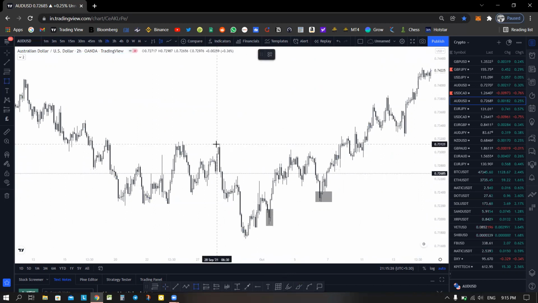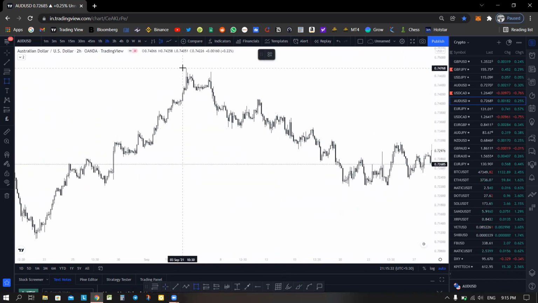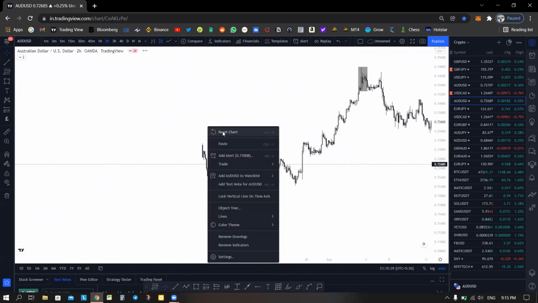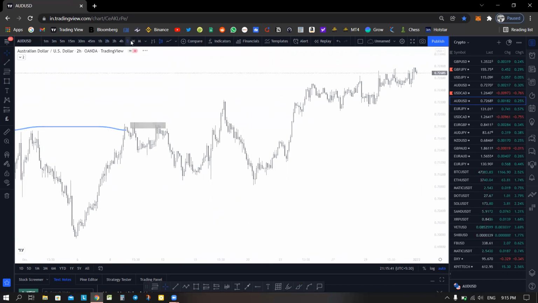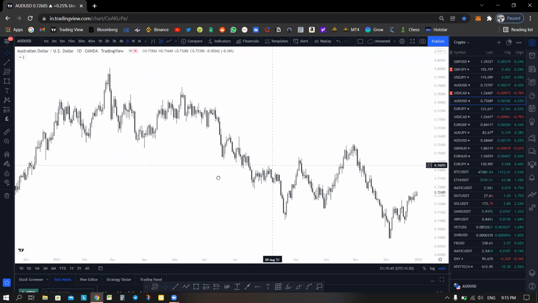Here as well you can see a bearish order block. This one was also your bearish order block, and so on.